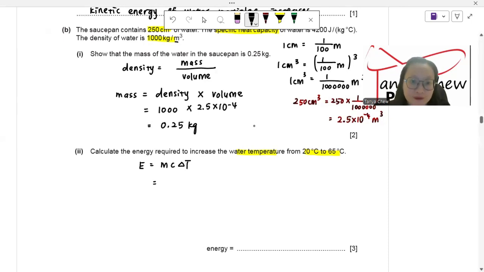The mass is given, which is 0.25, because you are asked to prove, remember? The specific heat capacity is 4,200, and for the change in temperature, you just take the larger temperature minus the smaller temperature. That will do.